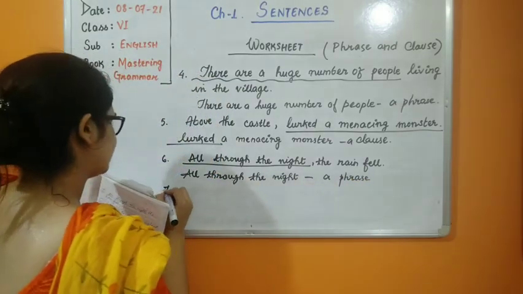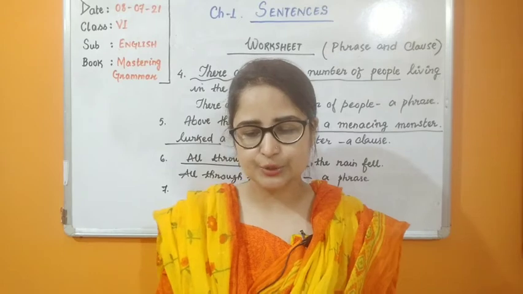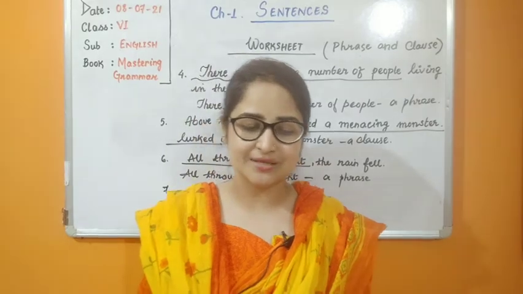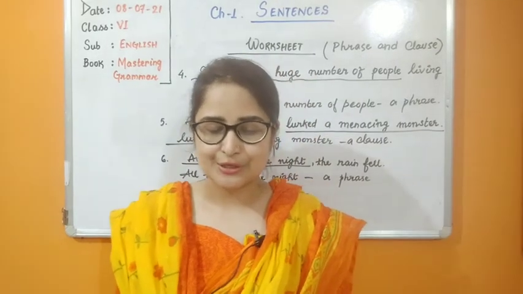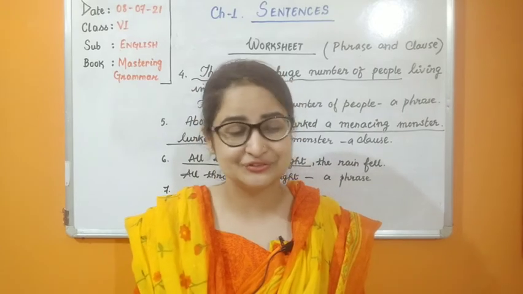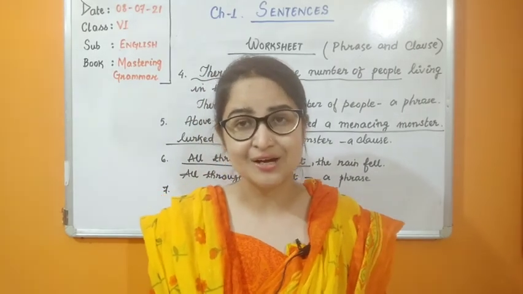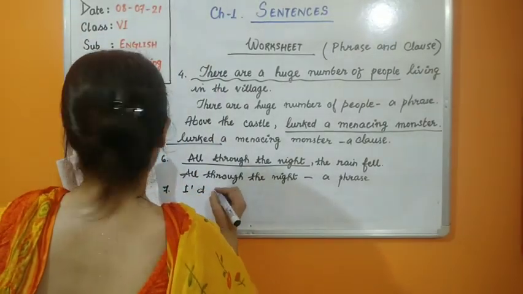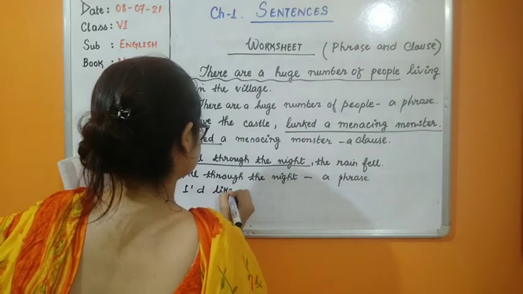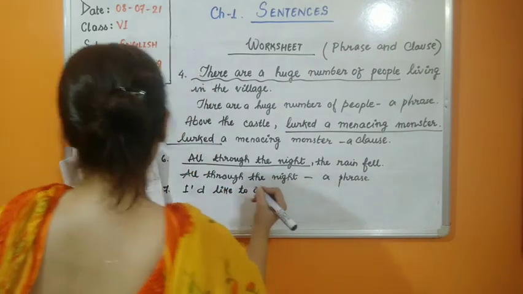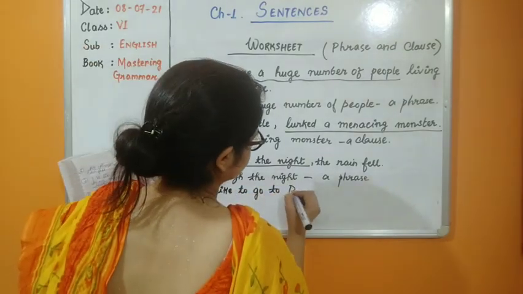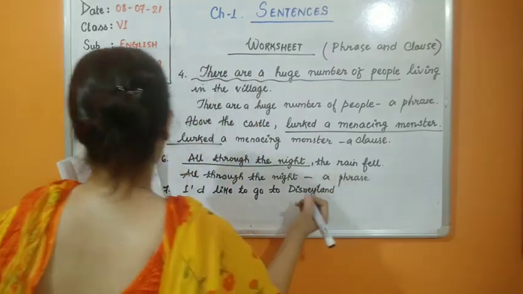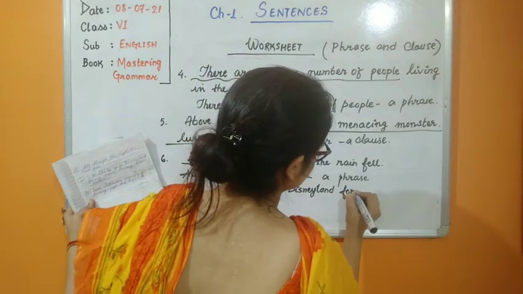Now moving to number 7. I would like to go to Disneyland for my dream holiday next summer. So children, the underlined words are here, for my dream holiday next summer. So I don't think there is a verb. So this is going to be a phrase.